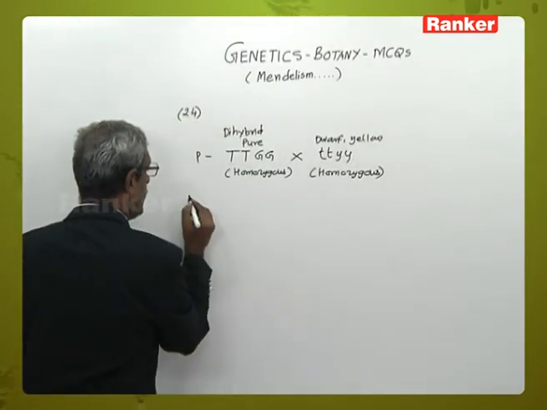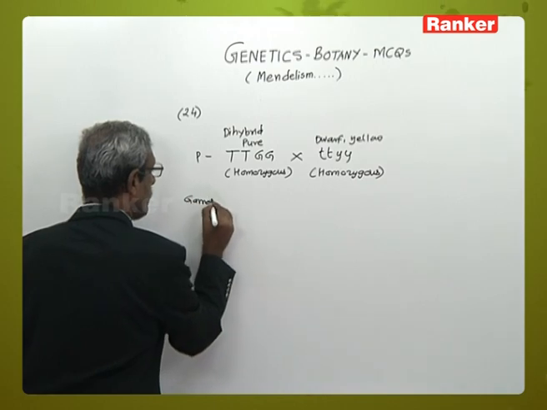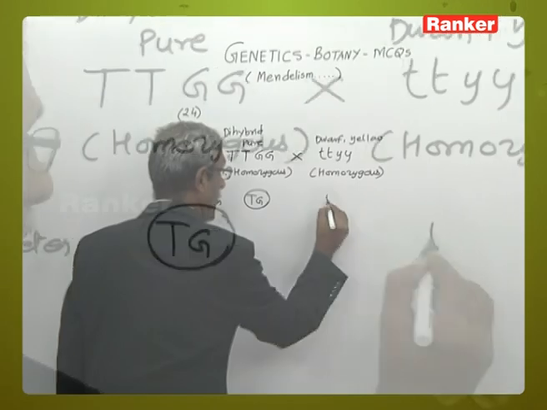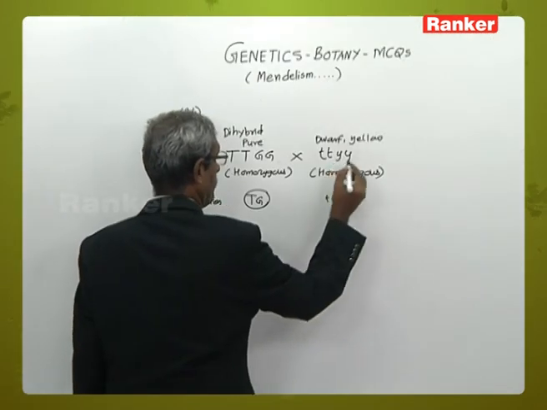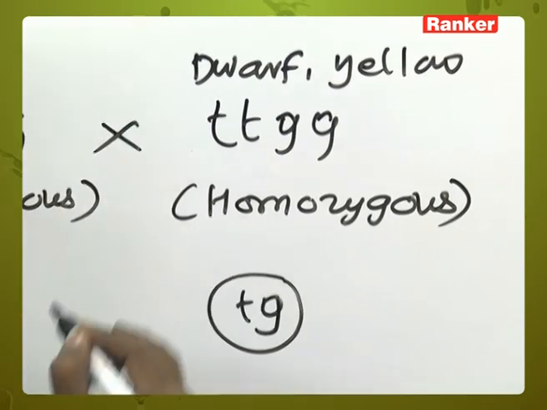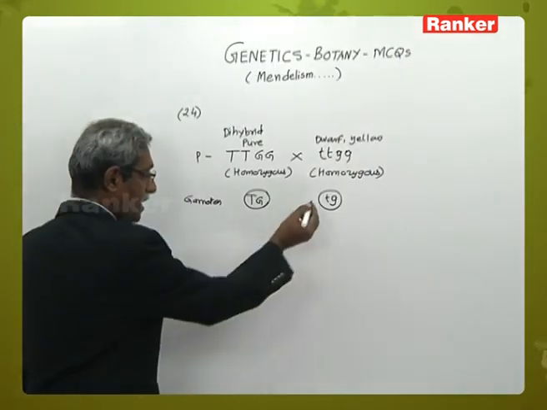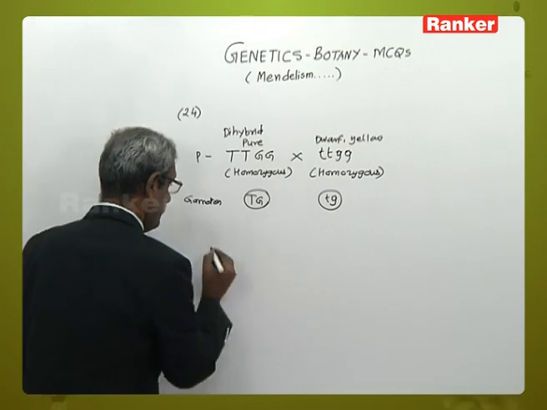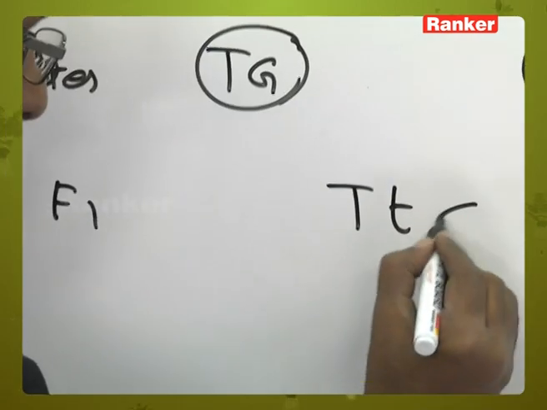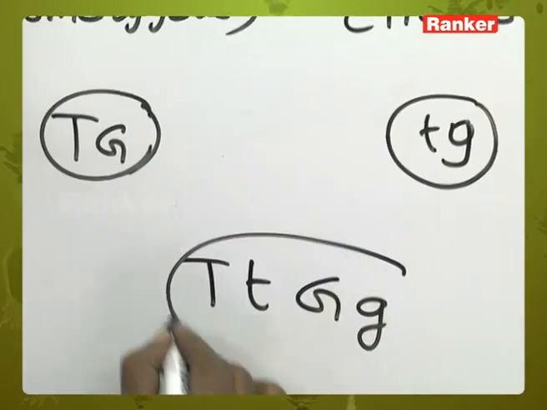As you take the parents, we got the gametes. The gametes are, you got a capital T and a G gamete on one side, and a T and a small g here. Capital TG and small tg over here. Then we have the F1. In the F1 we have a capital T, small t, capital G and a small g.